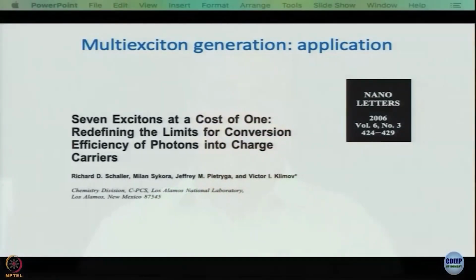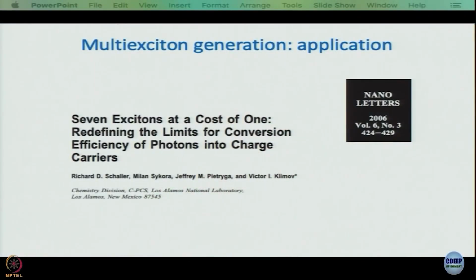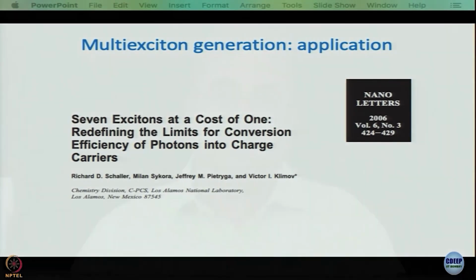Or if it is possible to generate not 2, but 3 or 4, as they have shown here, they have generated 7 excitons. So, if I can generate 7 pairs of charge carriers, then it is great. So, that is why this is a rather important problem. But how did these people know that they have generated 7 excitons at the cost of 1? That is what we are going to discuss in the next module.